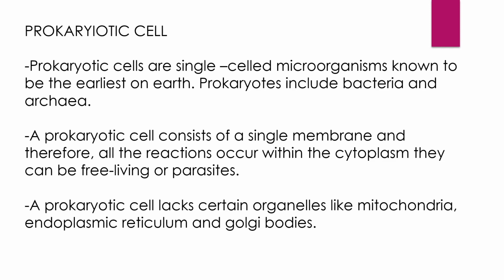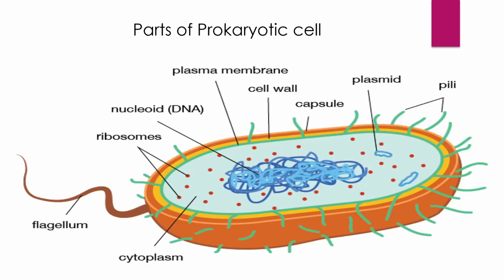They can be free living or parasites. A prokaryotic cell lacks certain organelles like mitochondria, endoplasmic reticulum, and Golgi bodies. The parts of a prokaryotic cell are the plasma membrane, cell wall, capsule, plasmid, pili, nucleus, ribosome, flagellum, and cytoplasm.